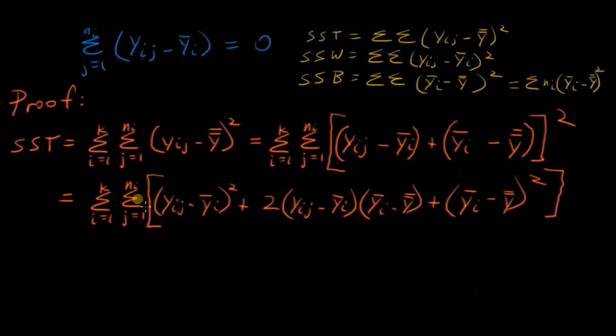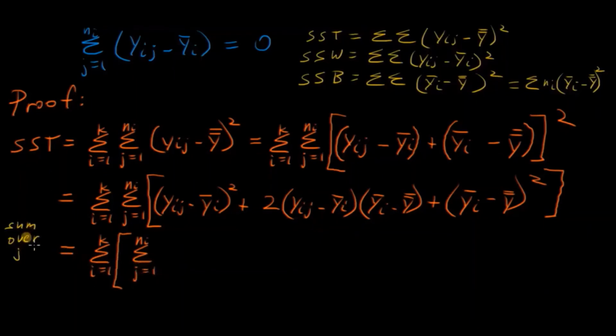Okay, and now we're going to first sum over j. So I'm just going to ignore this, but this j summation is going to get distributed to all three of our terms, and we know we can do that just from properties of summations. Okay, so I'm splitting up the summations, and the j summation is going to go inside for now.